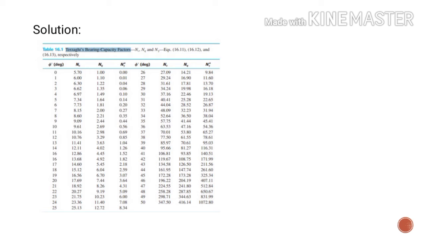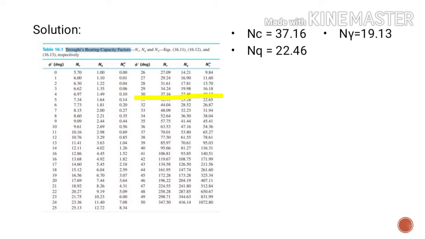Since our angle of internal friction is 30 degrees, the N sub C is 37.16, the N sub Q is 22.46, and the N sub gamma is equal to 19.13.